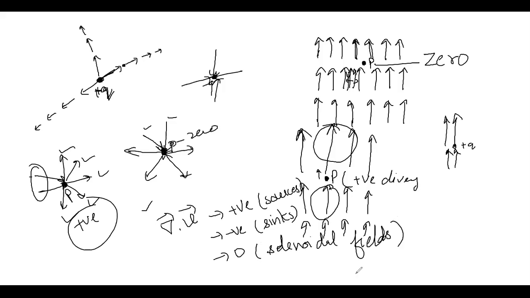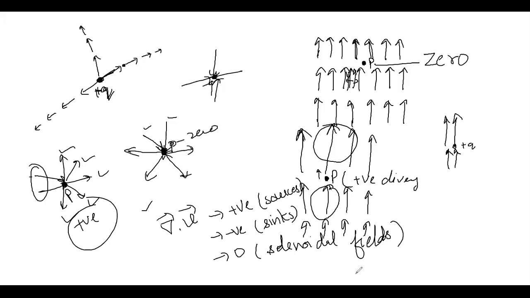Your magnetic field is an example of solenoidal field. Remember, magnetic monopoles cannot exist. So if you take any point, there will be as many magnetic field lines entering as many magnetic field lines will be leaving that point. Because you cannot have a separate magnetic north pole or a separate magnetic south pole.